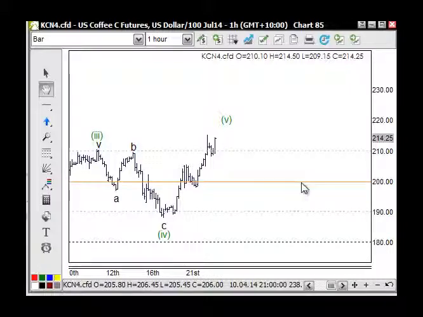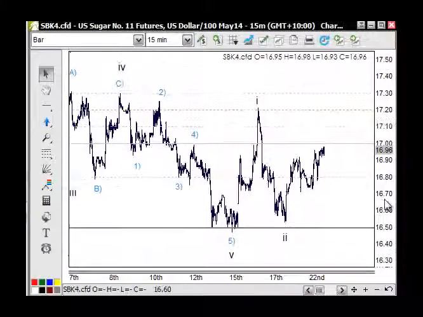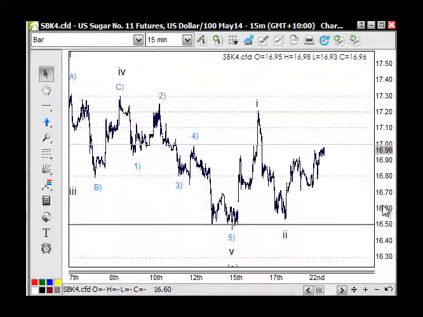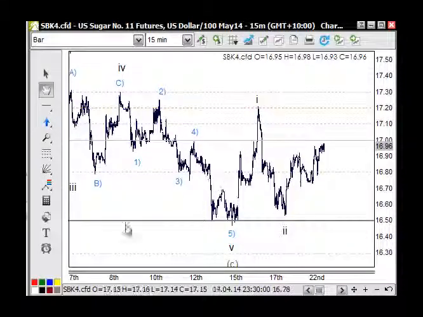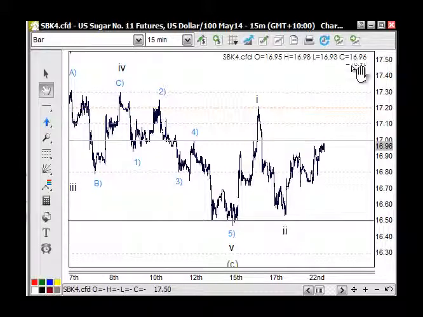Alrighty, sugar. Sugar's getting into an interesting position now, and I know there are lots of squiggly lines through here. Bottom line, if you've been following this, if we get support on $17, then get a position. If support comes in on 17.20, get a position, and the same on 17.30.